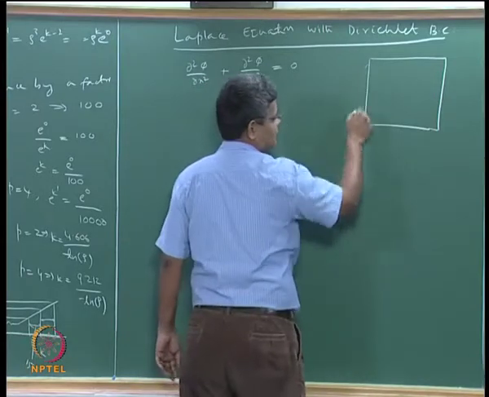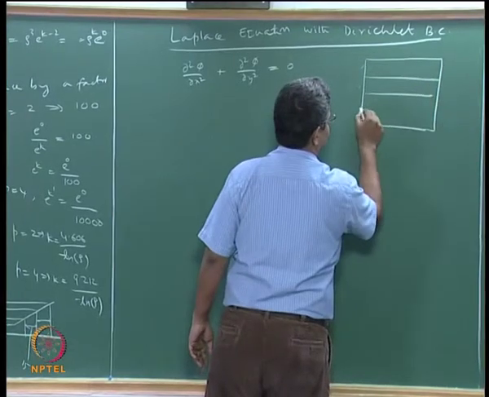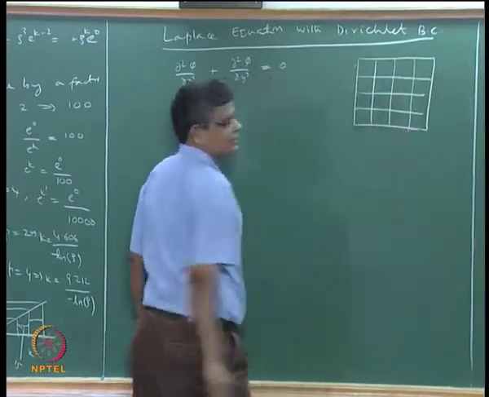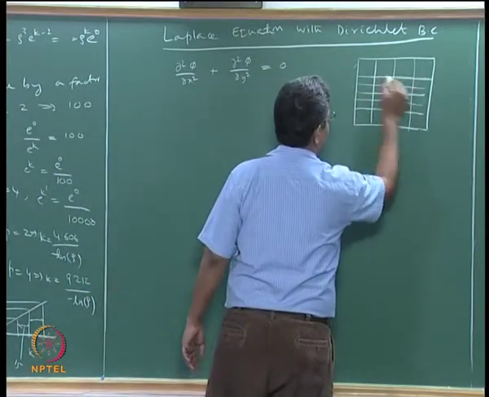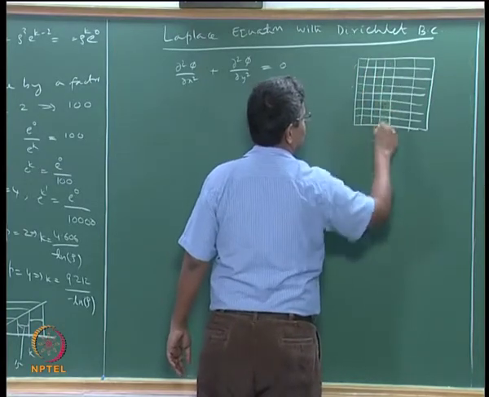The boundary conditions are given, and we can divide this into grids like this, and as many as we wish. The finer the grid, the more accurate will be the solution.